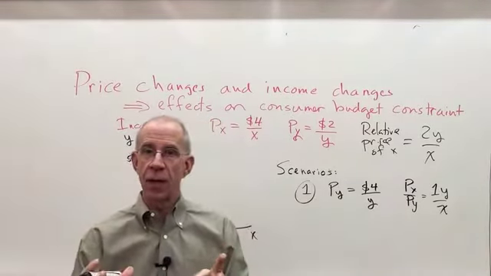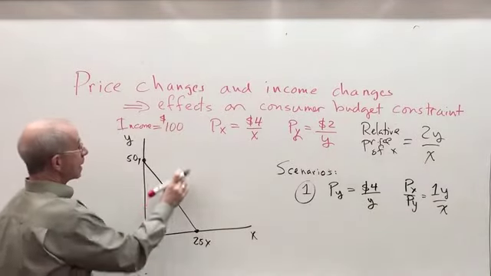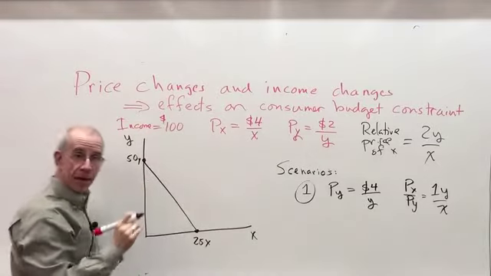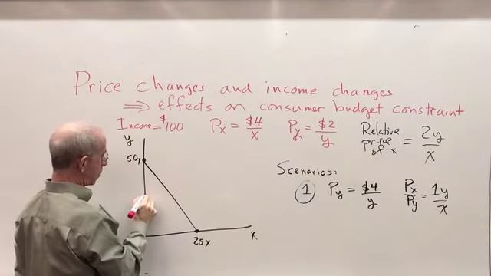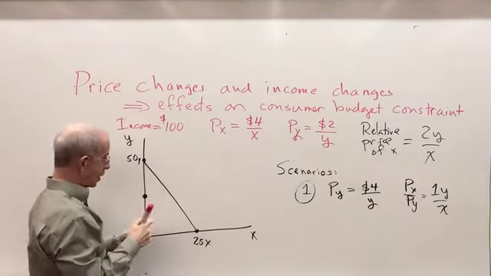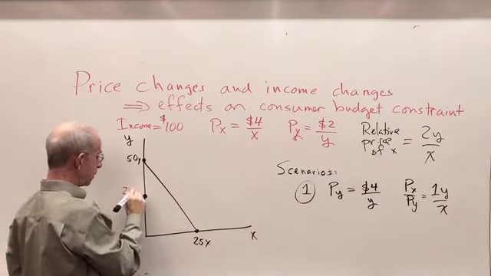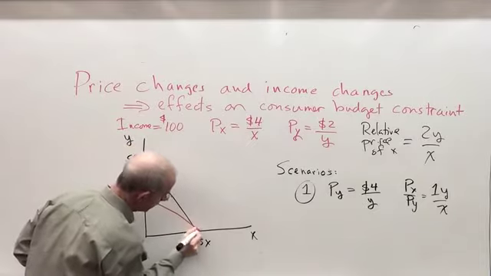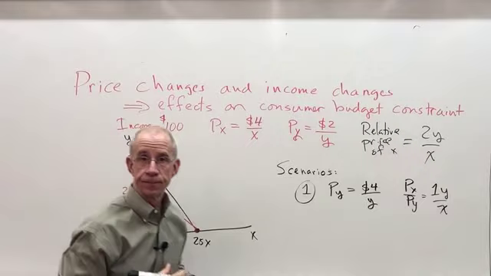How does that change the budget constraint? If the price of Y was $2, they could buy 50Y. Now they can only buy 25Y if they only buy that good. And the budget constraint rotates down.